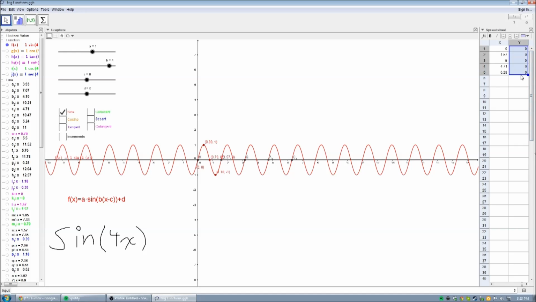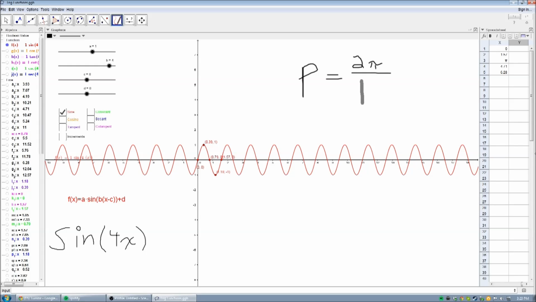So, the equation that you need to know to figure out what your period is going to be is that the period equals 2 pi over b.